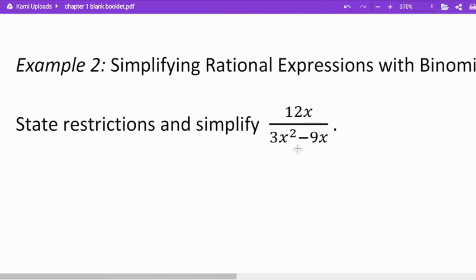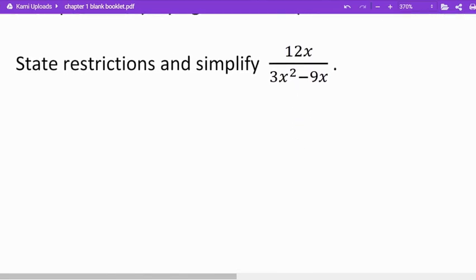All right, example 2. Now we've got a binomial. So anyone remember what we have to do? Or not remember, what are your thoughts? Here's a question.